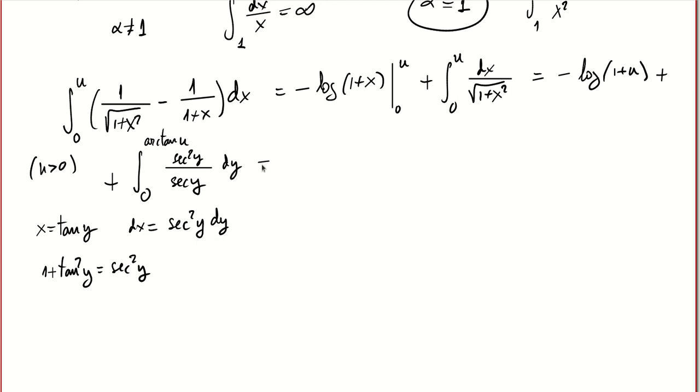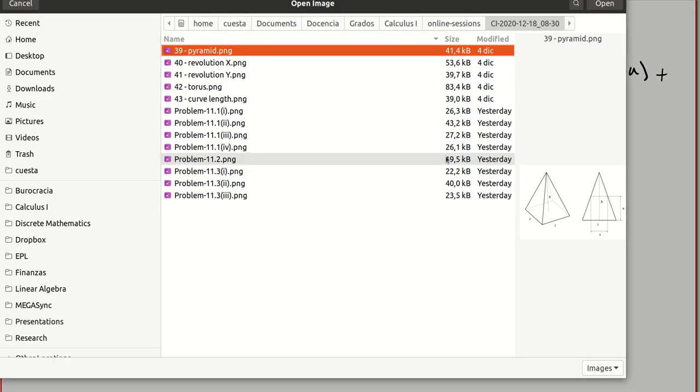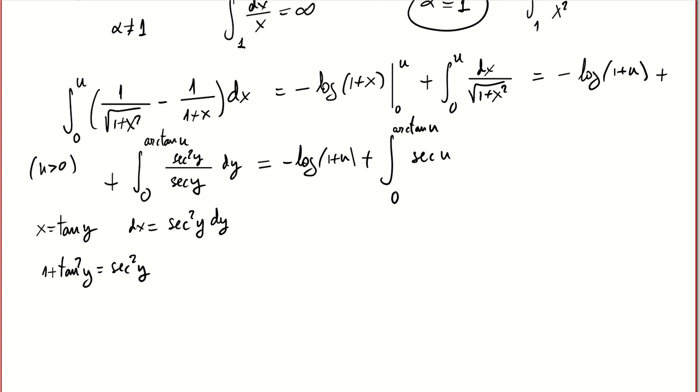So we have minus the logarithm of 1 plus u plus the integral from 0 to the arctangent of u of the secant of y dy.